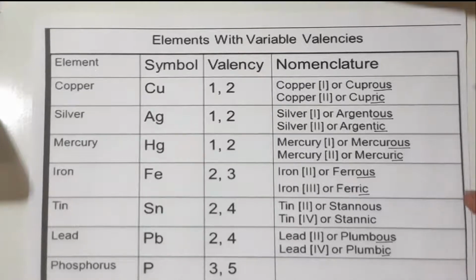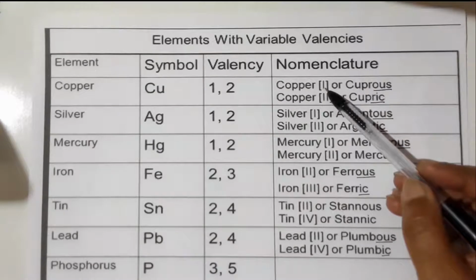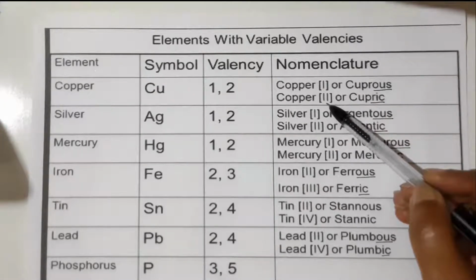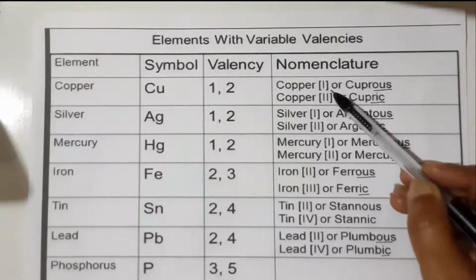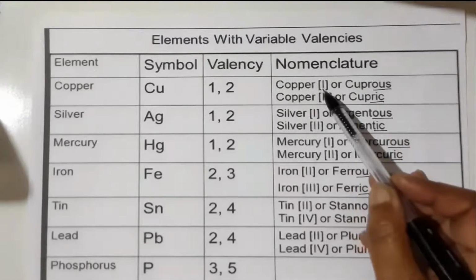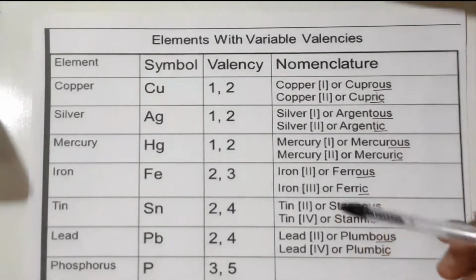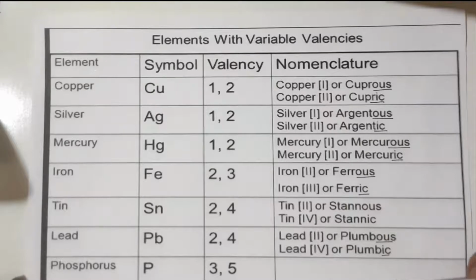So this is a system of naming the valencies, or indicating which valency is being shown in the compound. If the valency is variable, in some cases it can be named with Roman numerals given in brackets. So it may be named cuprous or copper 1, or cupric and copper 2. This is the system of naming variable valencies which you should remember.